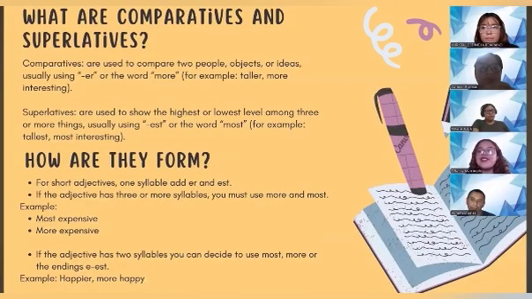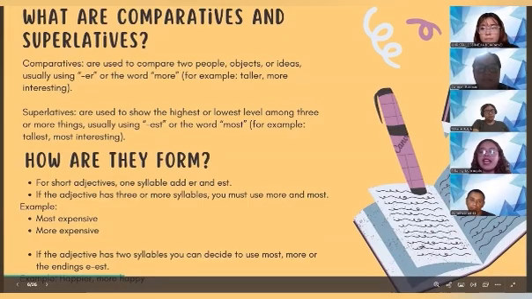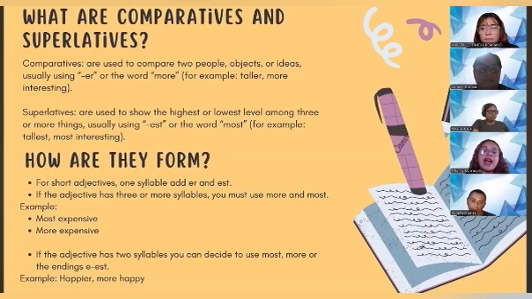Now that we got an introduction and why it matters, it is important to understand what they are. Comparative adjectives are the ones that allow us to compare two things, people, objects, or ideas. And superlatives show us the highest level of a place, object, or thing, and the lowest level too.